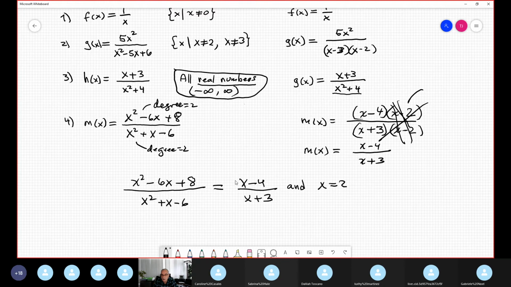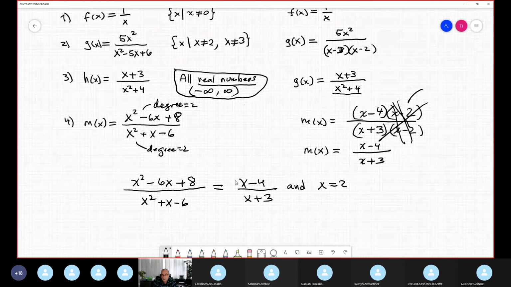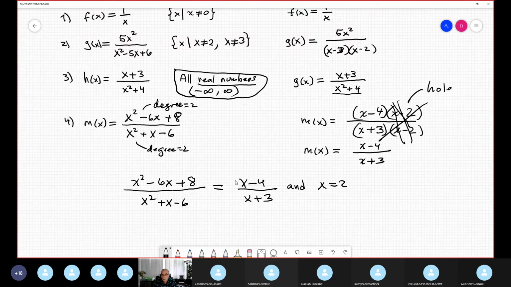The factor that is gone when you do the cancel out, the simplification. This is a hole. It's called the hole. And when you are doing the graph of this curve, at 2 we have a hole, like that, a hole.